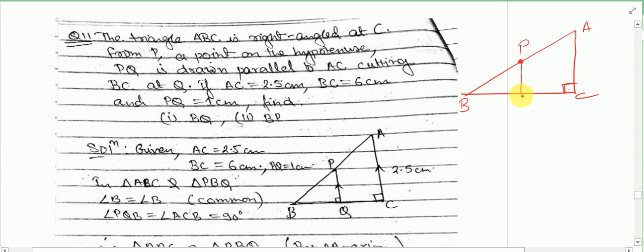When we say PQ and AC are parallel, that means the sum of these two angles should be 180. So obviously this will be 90 degrees. So if this is 90, that means this is 90. Clear?